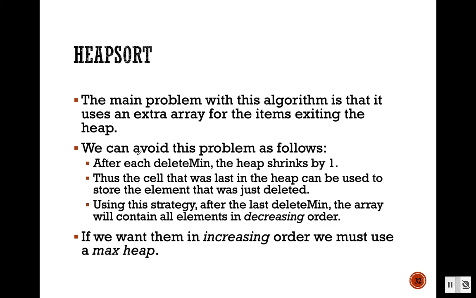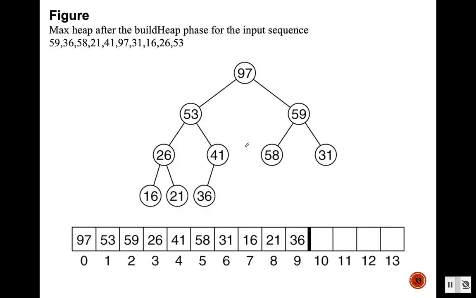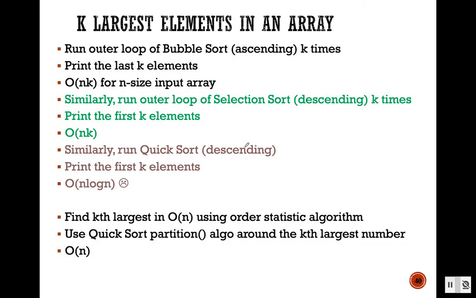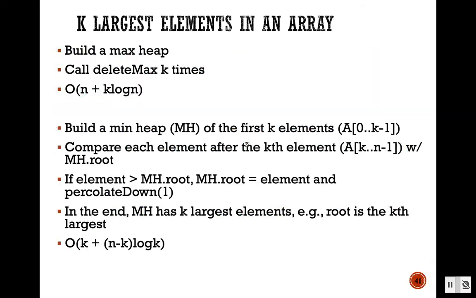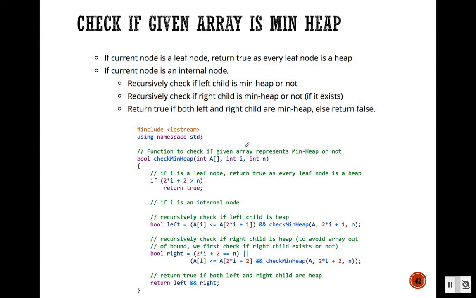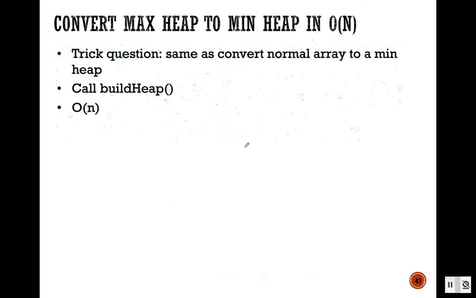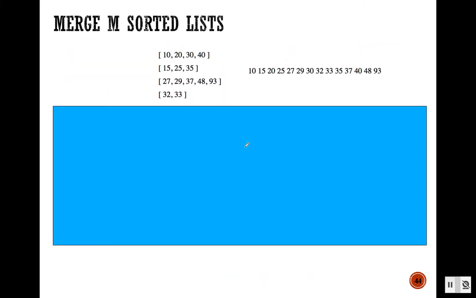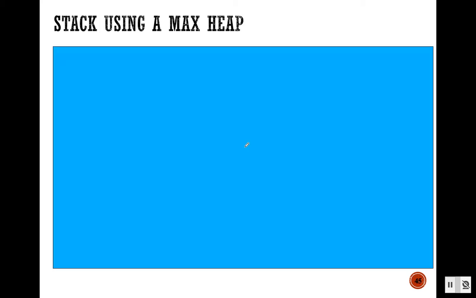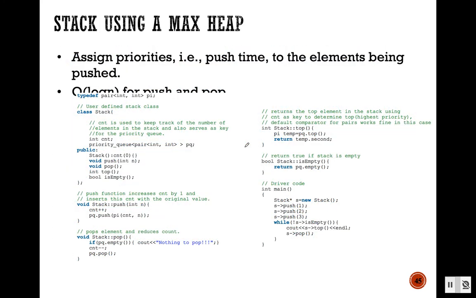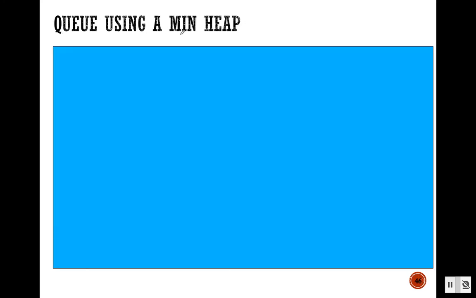The last few slides are about a few of the problems that we can solve using heap, using min heap or max heap. Most of the problems have been solved using min heap. This problem is using a max heap.